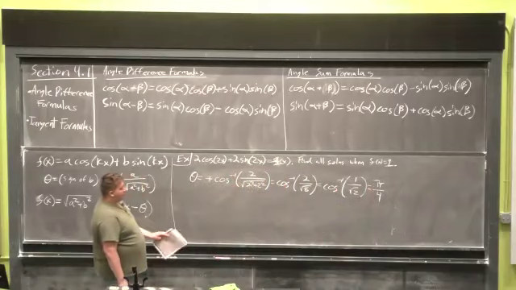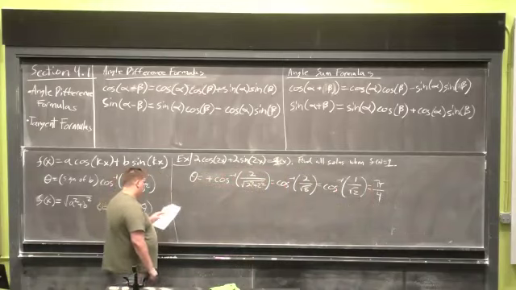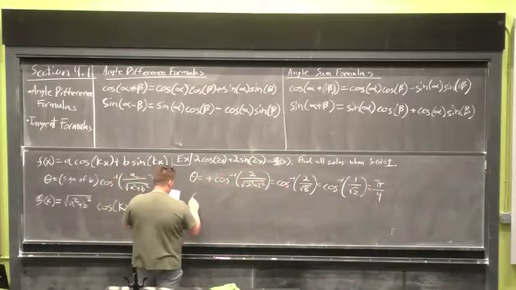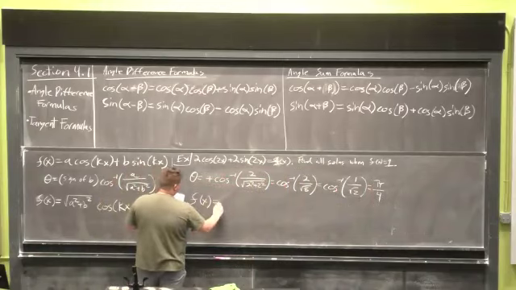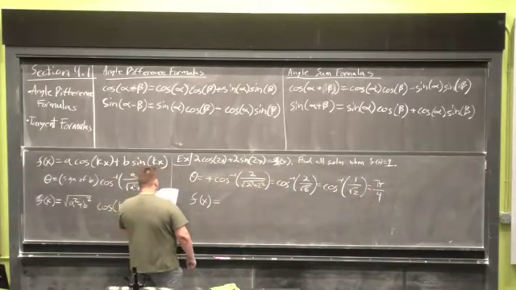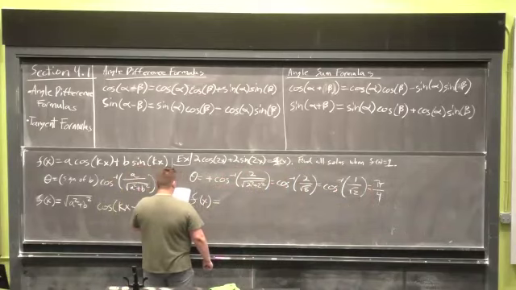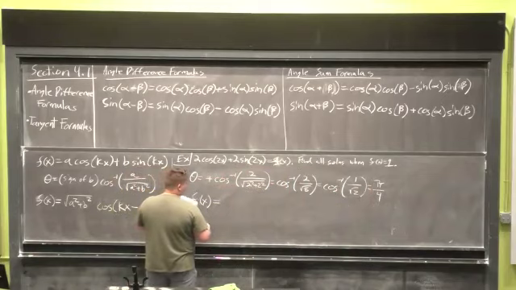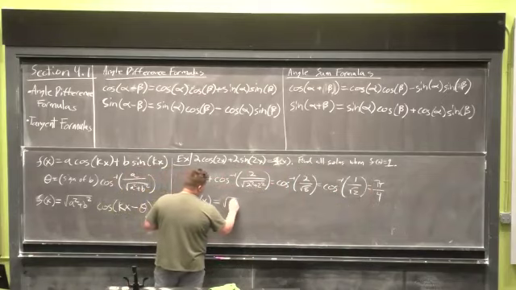So now, when we take pi over 4, we have f of x is equal to, and we're going to have our distance, which is square root 8.